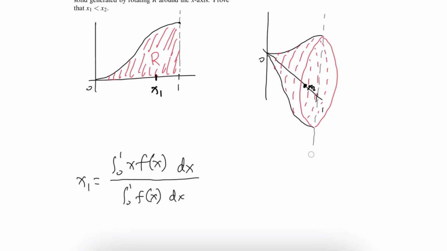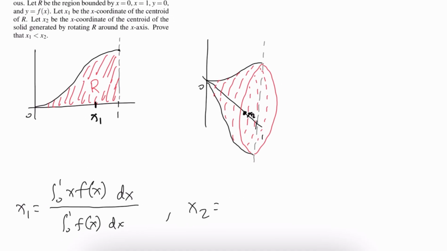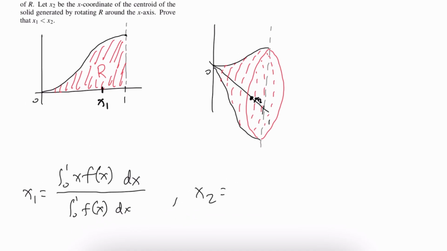Similarly for x2, x2 is the weighted average of our solid here, where again we have the integral from 0 to 1 of x, but this time at each x position, our weight is the circular disk that we generated by rotating R around the x-axis.